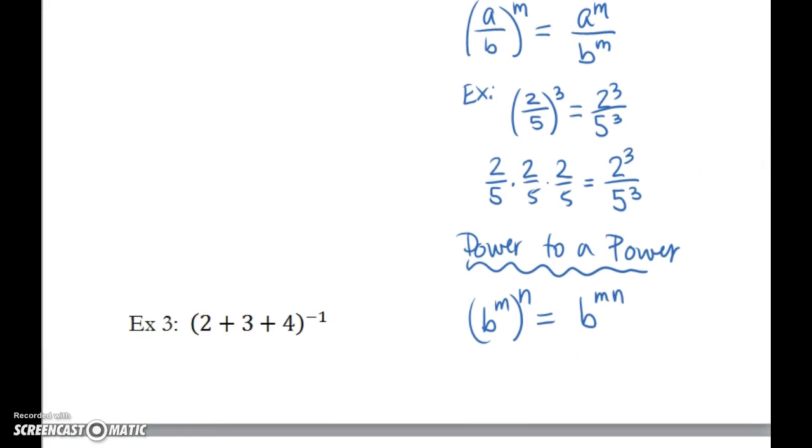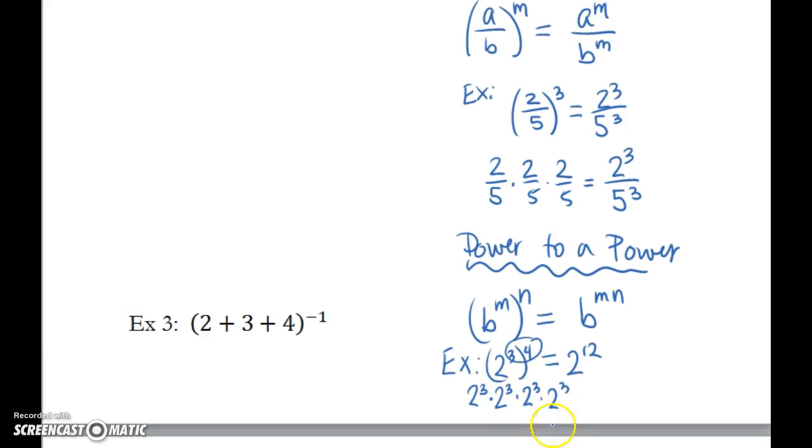So for example, if we were to look at 2 to the third to the fourth, our shortcut, our property, says we can multiply our exponents 3 and 4 together and get 2 to the 12th. Now if we're confused and we don't understand the property, we can expand. 2 to the 3rd to the 4th really means we have 2 to the 3rd 4 times.